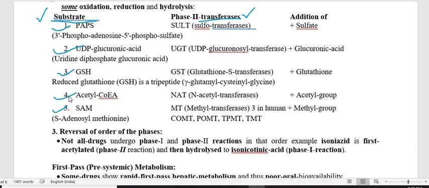So these five are called endogenous substances, also called substrates.